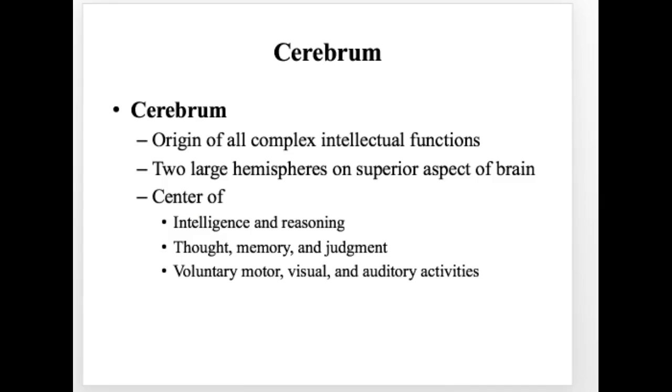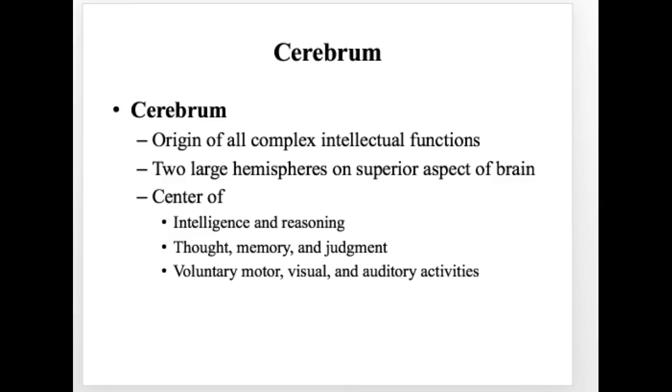Now let's start getting into specific brain regions, and we'll begin with the cerebrum, the largest in anatomy of all of the brain regions. The cerebrum is the origin of all complex intellectual functions.